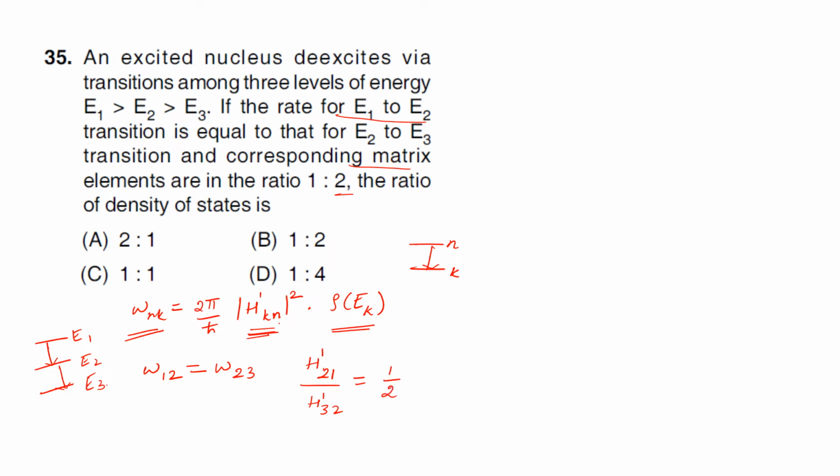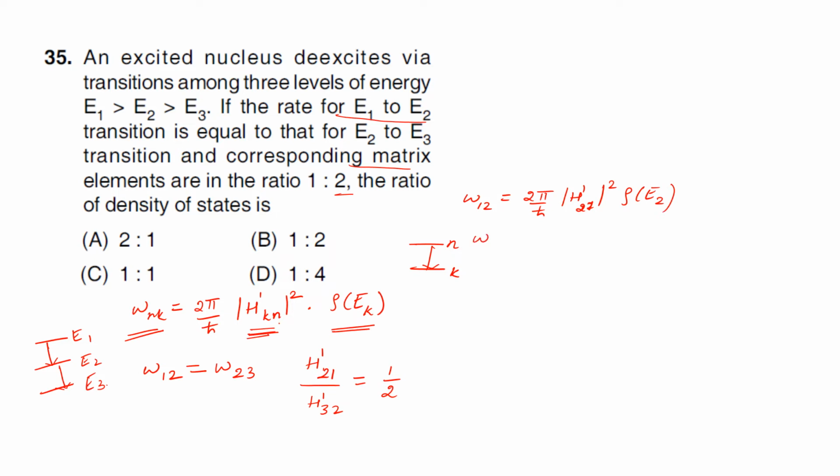Now substitute the values and find out the ratio of density of the states. So here, omega 1 2 will be 2 pi upon h cross, H prime 2 1 square, times the density of final state E2.